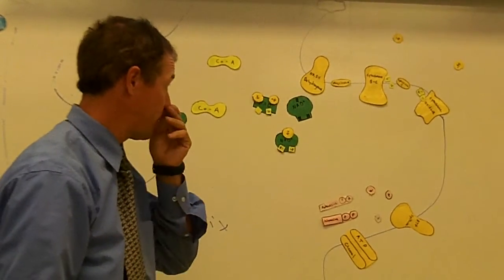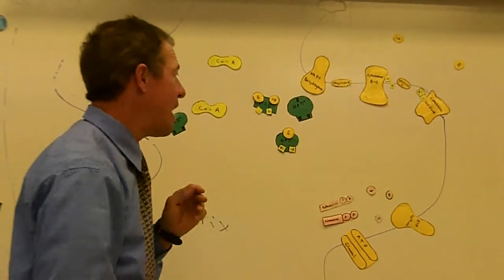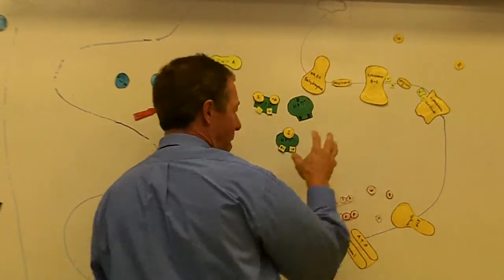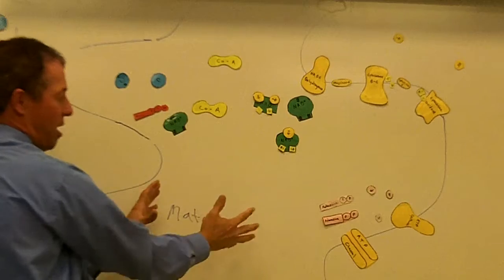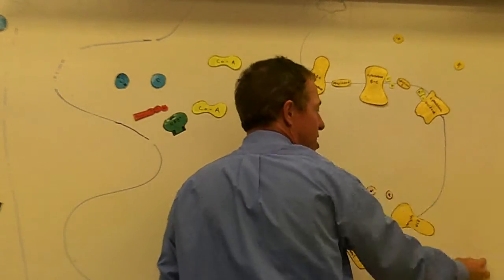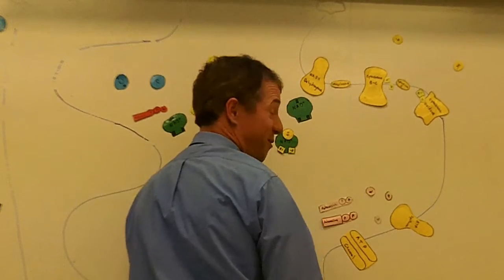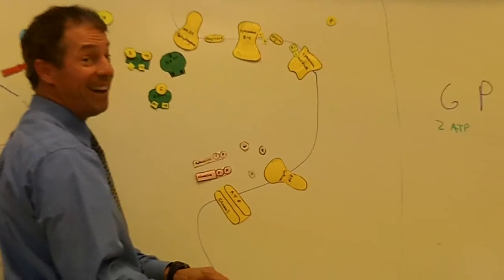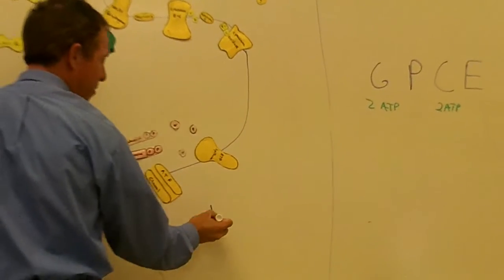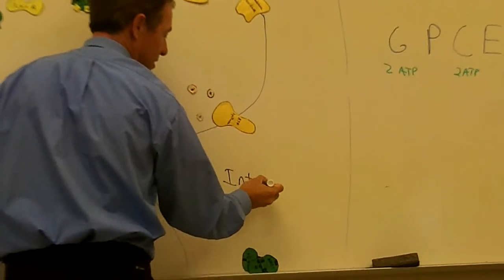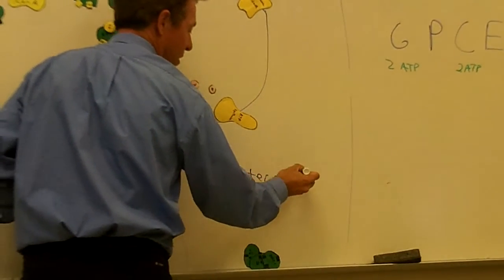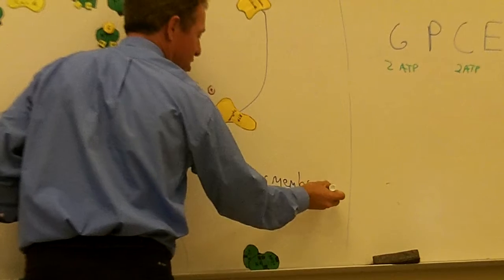So the hydrogen goes out into the... Yes, the hydrogen goes out of the matrix, that's the middle part here, to this area here, which also has a name. You know what it's called? Those of you who know mitochondrion well? Christy. Intermembrane space. This is called the intermembrane space.